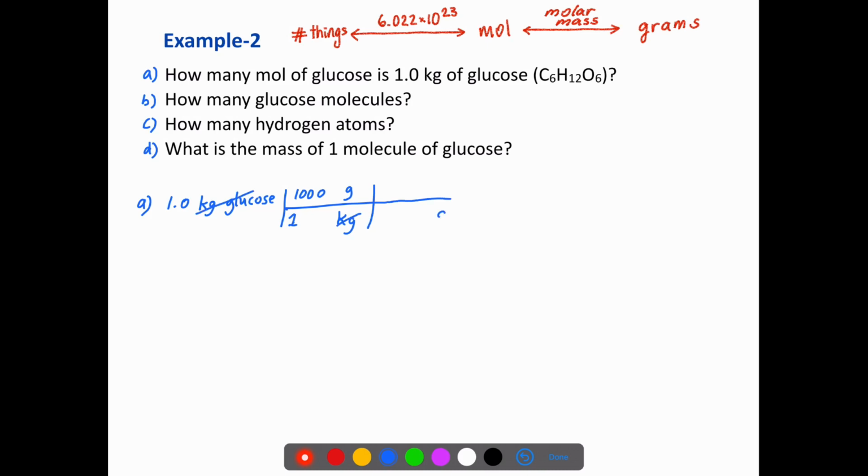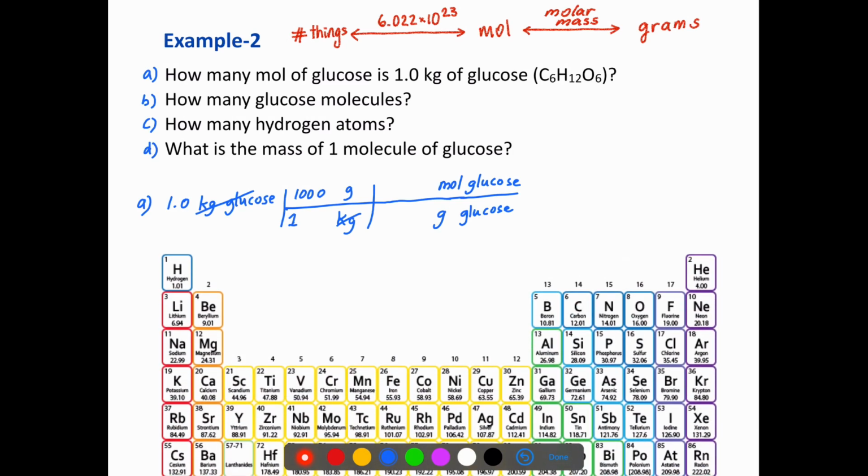Now we go from grams of glucose to moles of glucose to answer our question. So grams of glucose to moles of glucose. The connection is through molar mass. So let's get our periodic table and calculate the molar mass.